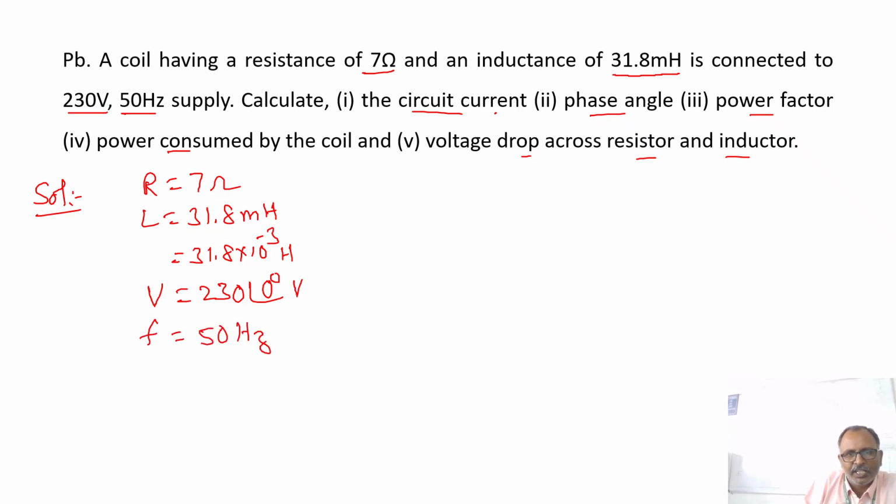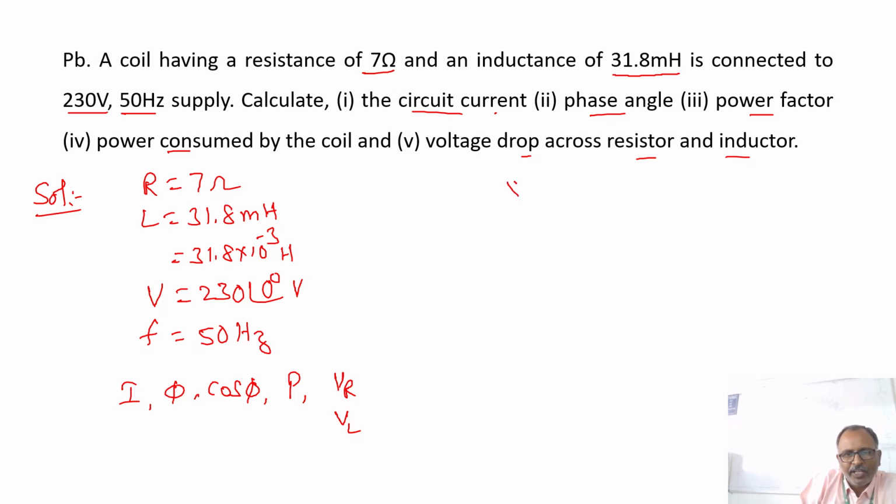So with this data we need to find out the current and phase angle phi, that is the angle that lies between voltage and current phasors, power factor cos phi, power consumed by the coil, that is active power P, and voltage drop across the resistance and across the inductance. For finding the current we need to find out the impedance.